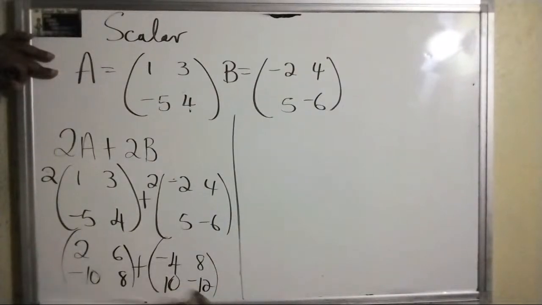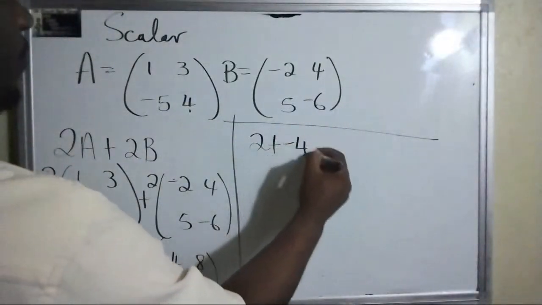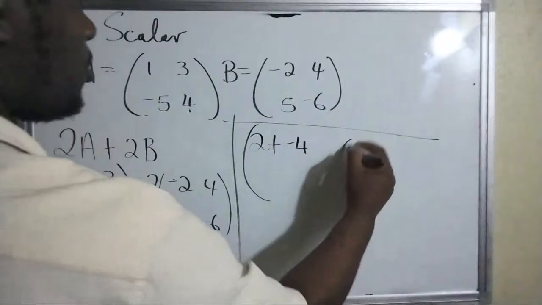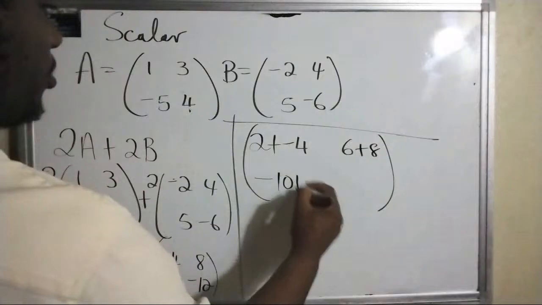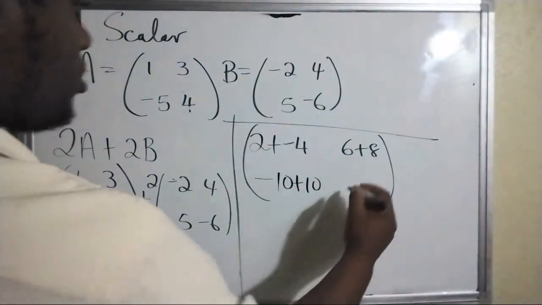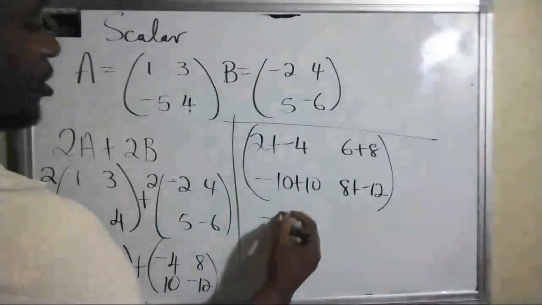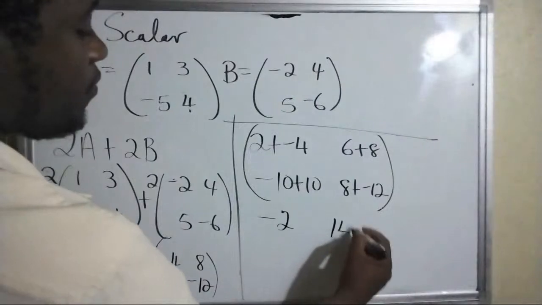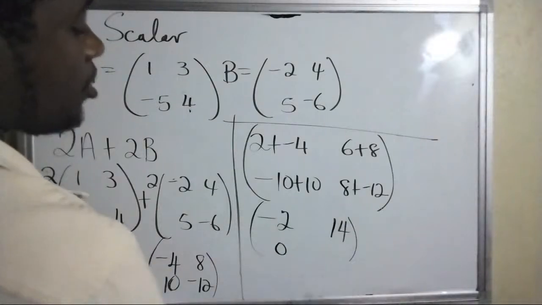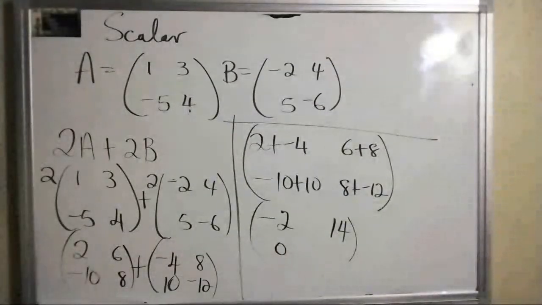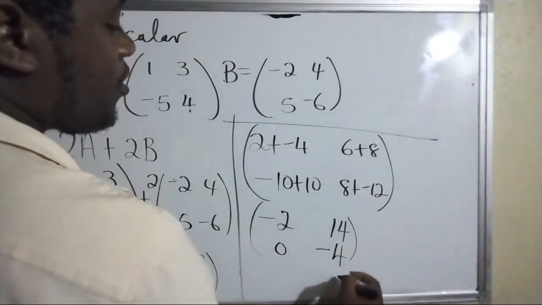So you come back to what we were doing earlier, right? Corresponding, so it's 2 plus -4, 6 plus 8, -10 plus 10, and 8 plus -12. So 2 plus -4 is -2, 6 plus 8 is 14, -10 plus 10. Some people are going to put 20, you know what? No, guys, it's 0. And guys, 0 is neither positive nor negative, right? 8 plus -12 is -4.